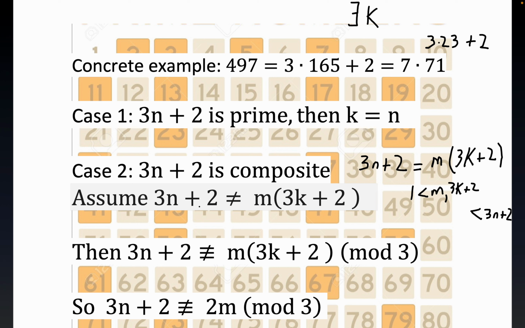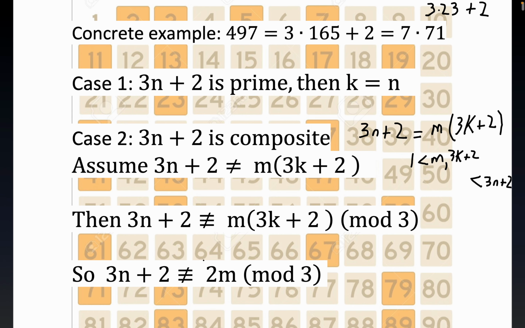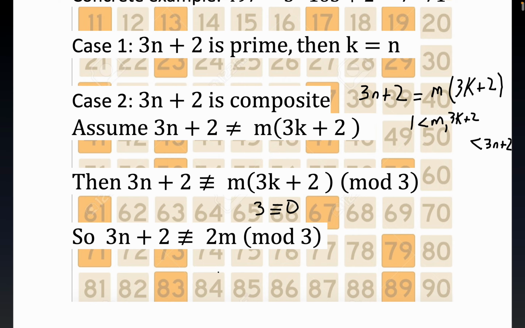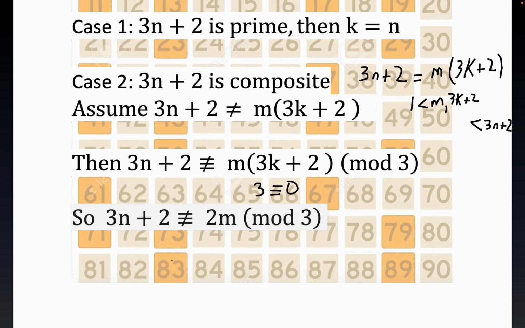Now, if two numbers are not equal, then also they're not congruent. That's a big deal. And we can exploit the fact that, modulo 3, 3 is congruent to 0. So you see how this 3 goes away and this just works out to be 2m. Kind of nice. But now let's go back to the world of equalities.